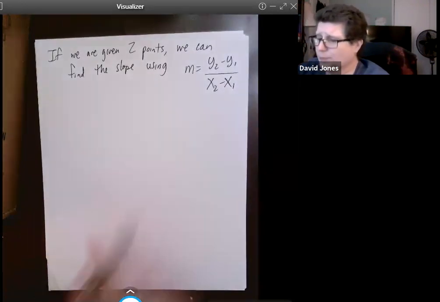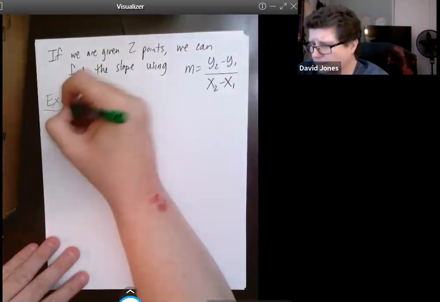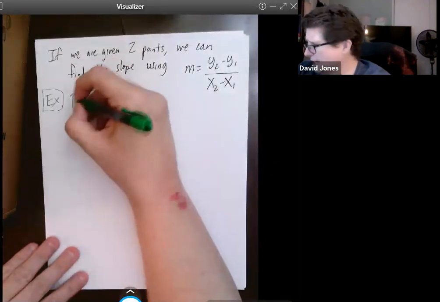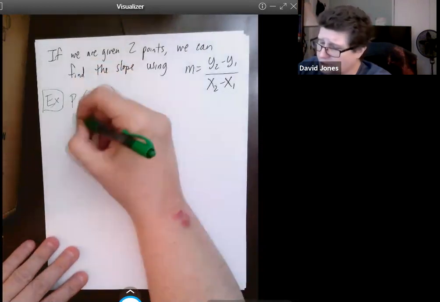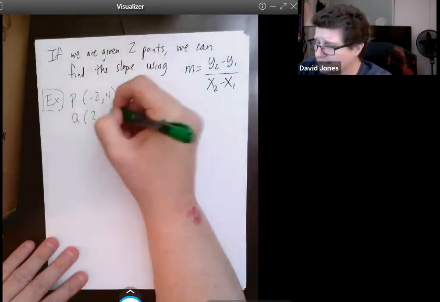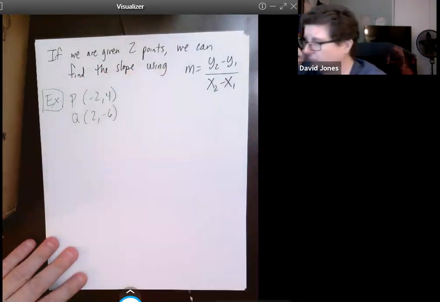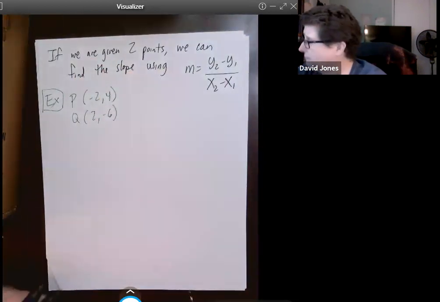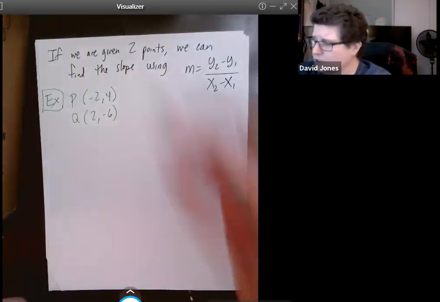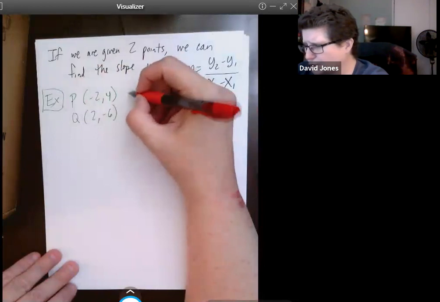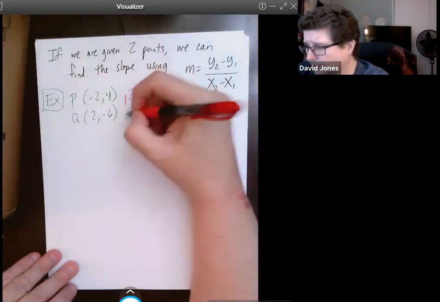Let's look at an example. Let's call point P (-2, 4), and Q is (2, -6). So I'm going to treat this as point 2 and point 1.